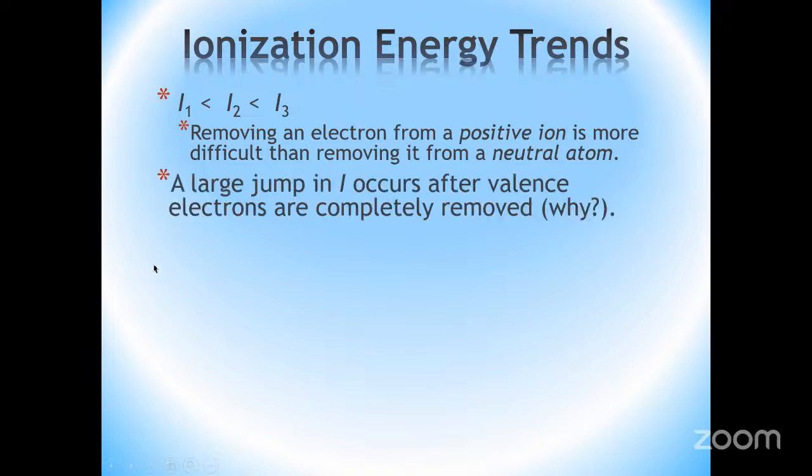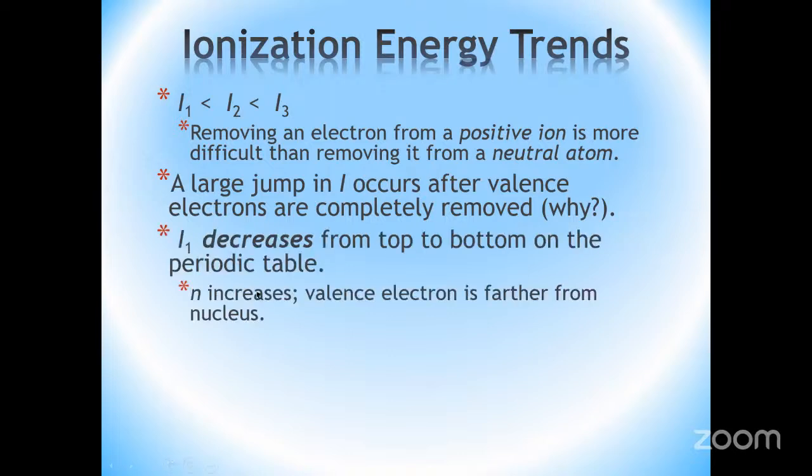Another thing that you'll notice is that there's a large increase in ionization energy after you remove the valence electrons. To remove one valence electron, a certain amount of energy is required. To remove another valence electron, even more energy is required. But if those two electrons are in the valence shell, and then you start going into the inner shell, there'll be a big increase in the amount of energy required to remove the third electron.